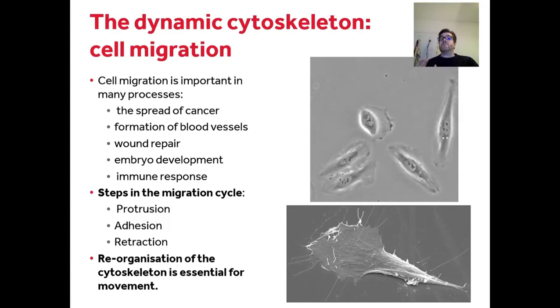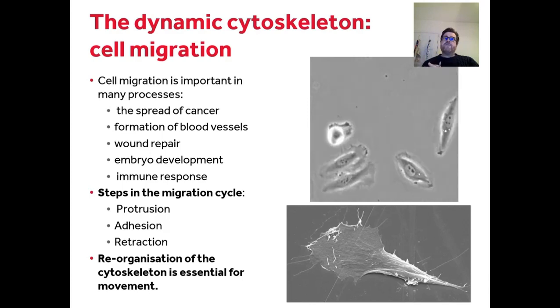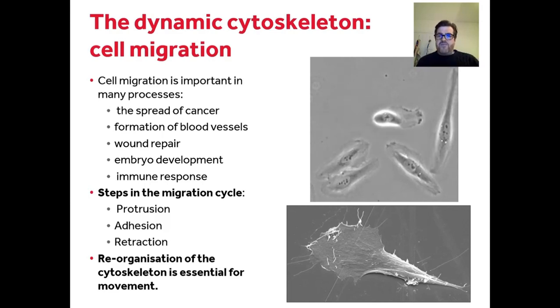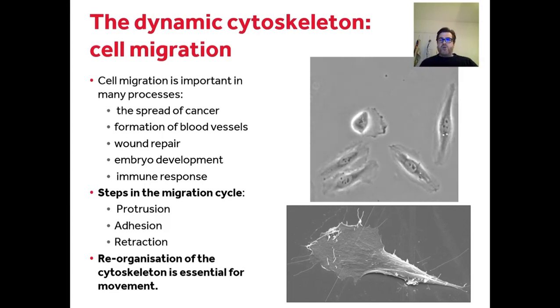cells in your immune tissue will move to the sites of injury or infection. And during this migration cycle, there tends to be several phases in how the cell moves. So if you can see this video, we tend to get protrusion.